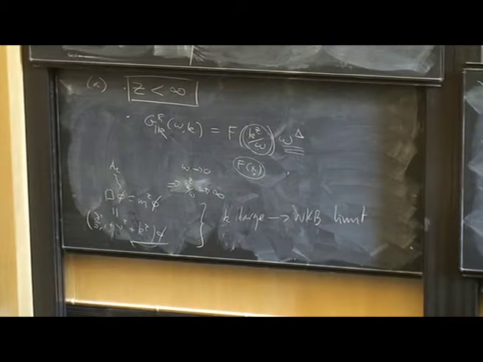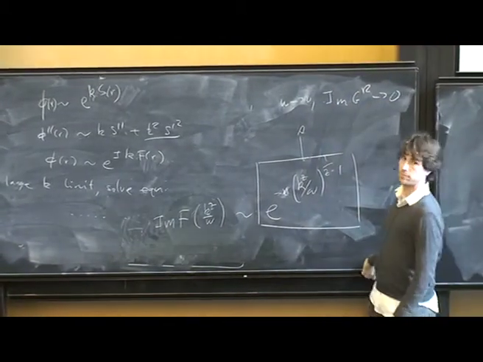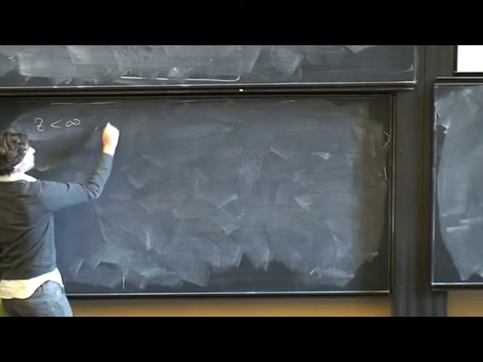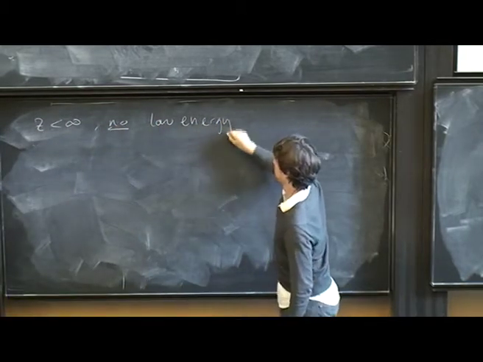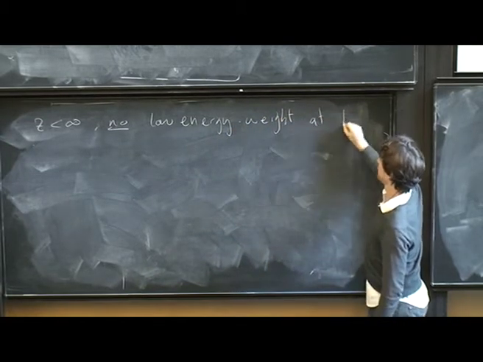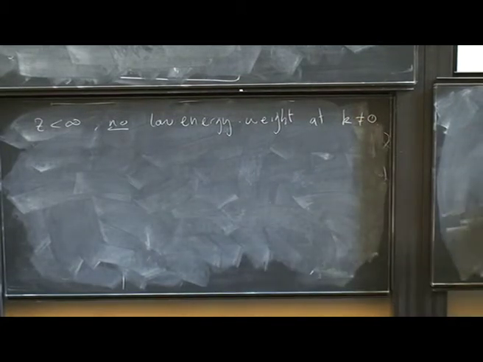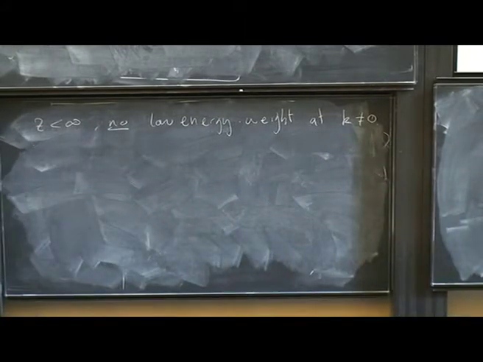The point about this is that as omega goes to 0, this just goes to 0. So this says a very simple thing. It says that if z is finite, there is no low energy spectral weight at non-zero momentum. Which, honestly, you could have guessed from the beginning from the kind of things I was saying this morning.